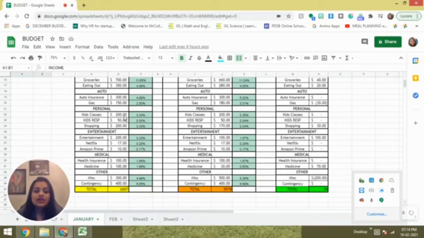I've also given a category called others where I have listed miscellaneous. Miscellaneous can be, for example, my mother came to live with us for some time, so I had to apply for her visa. That is an extra expense for me, so that comes under miscellaneous.